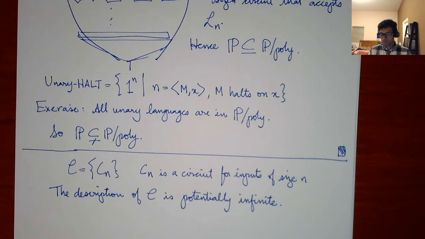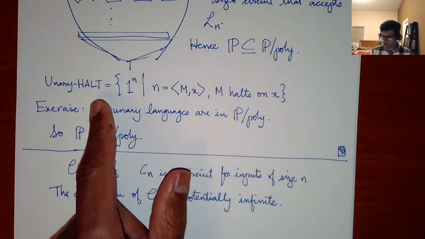Well, I don't understand why you even need to make unary halt. Why can't you just have a circuit that checks to see if n is the right number or not? What do you mean by n is the right number? Aren't we taking this number resulting from the encoding of m and x, and then transcribing it into unary? That's what the language is, right?